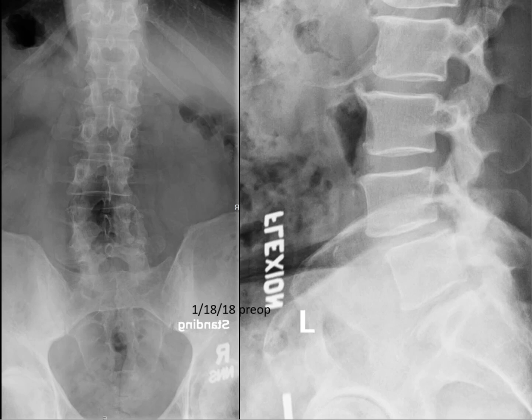There's a mild left convex scoliosis. There is moderate, or at least moderate, right L4-5 facet hypertrophy with osteophyte formation. SI joints are okay. There's 5 millimeters of L4-L5 spondylolisthesis. There's mild degenerative disc disease up and down.